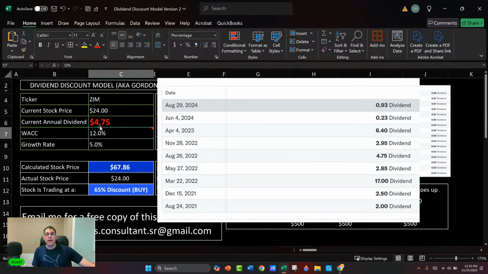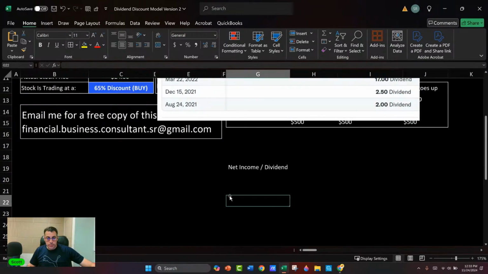But if they did pay a $4.75 dividend, then people would buy the stock, and that forces the stock price to go up.